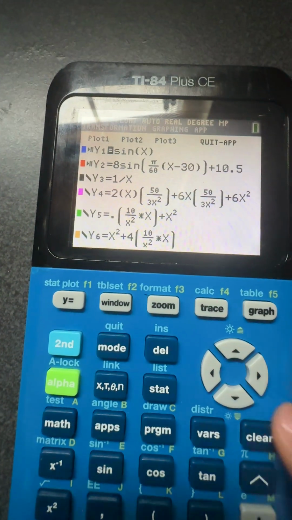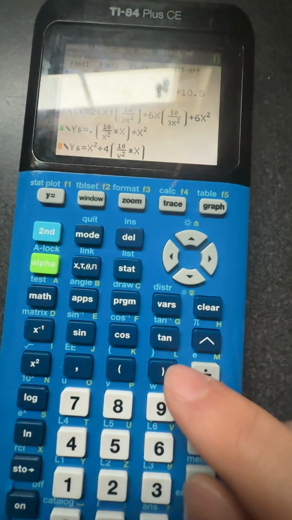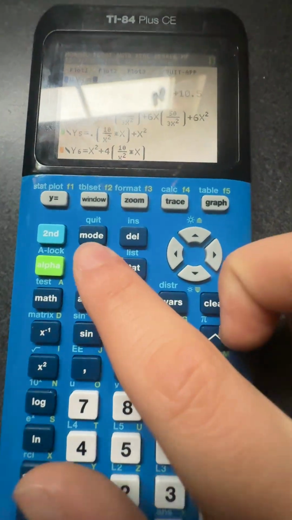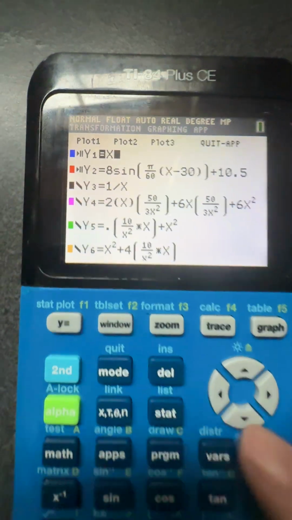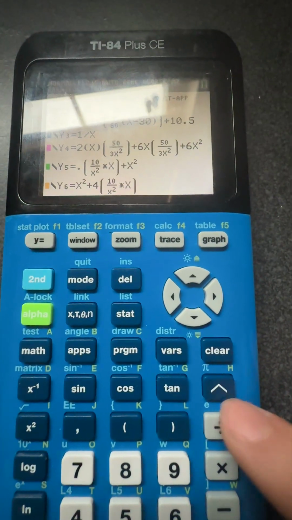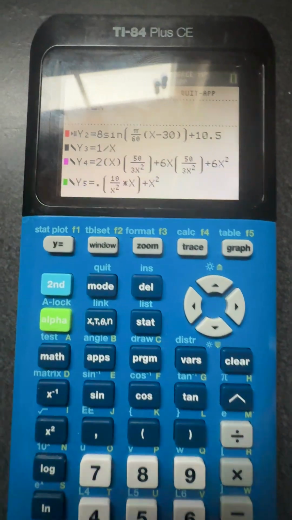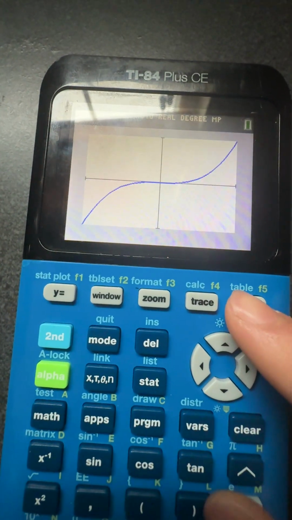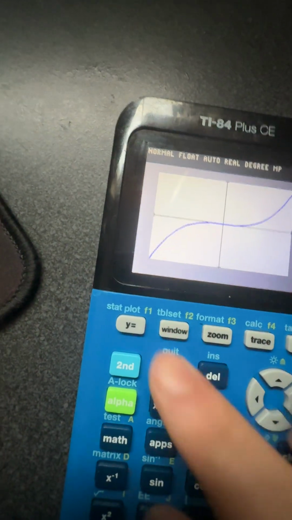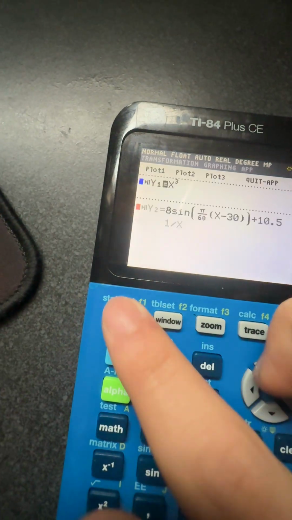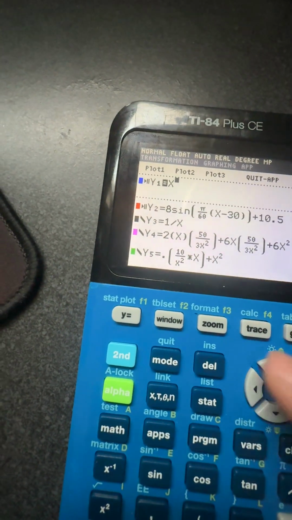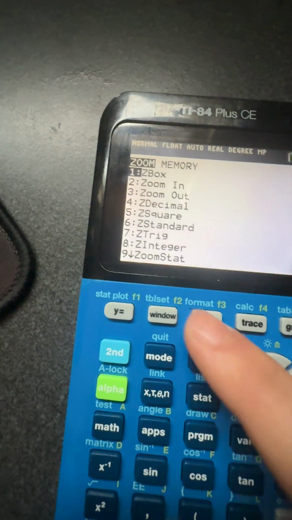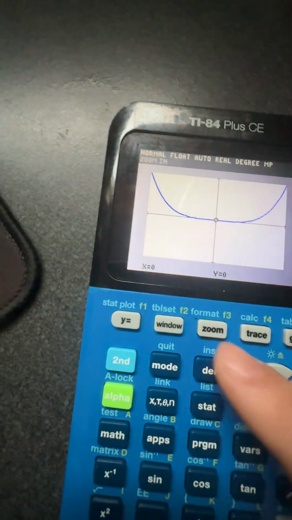Okay, we're going to try this with a different function. Let's just do a nice x to the, this is your up arrow, your exponent thing. Give it a nice x to the 3rd. Actually, no, let's make that an x to the 4th. Nope.